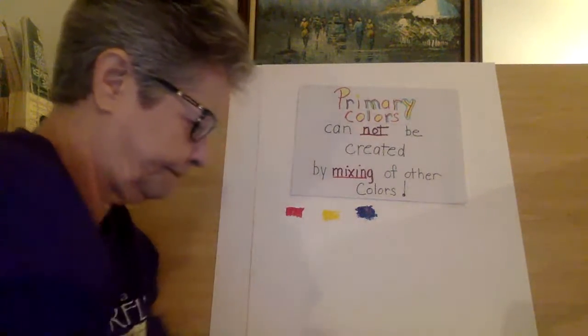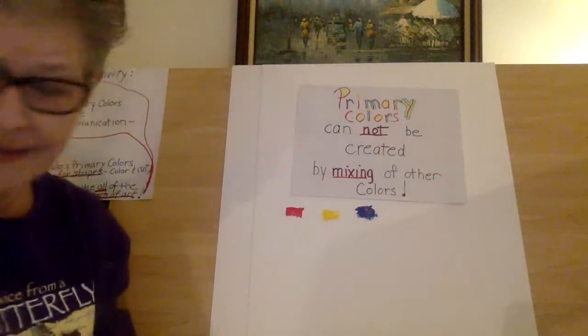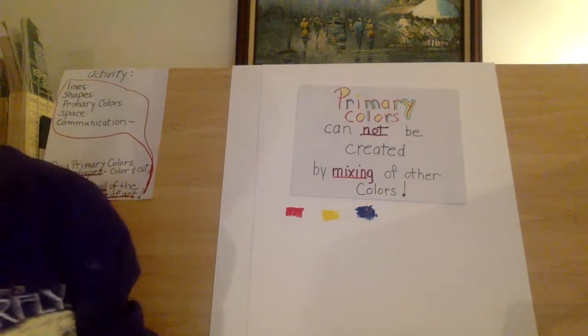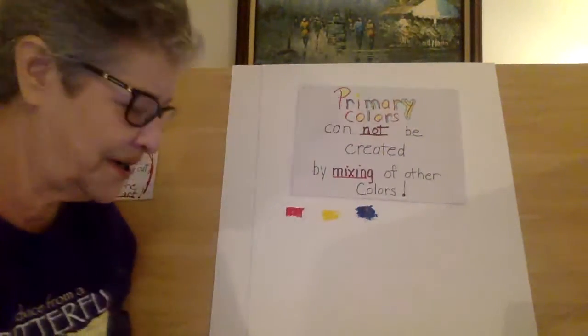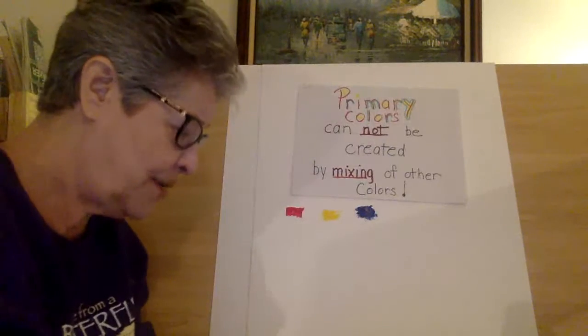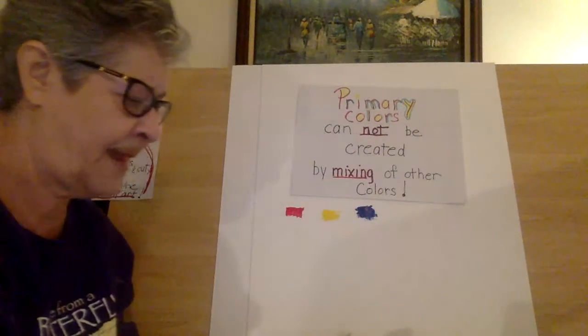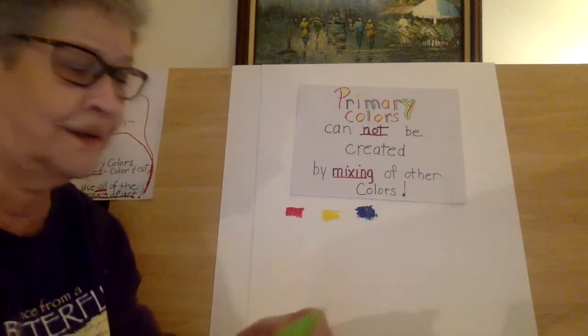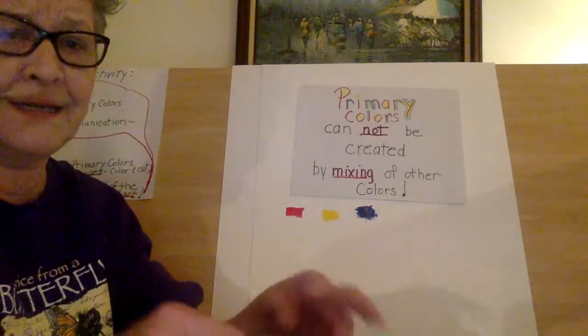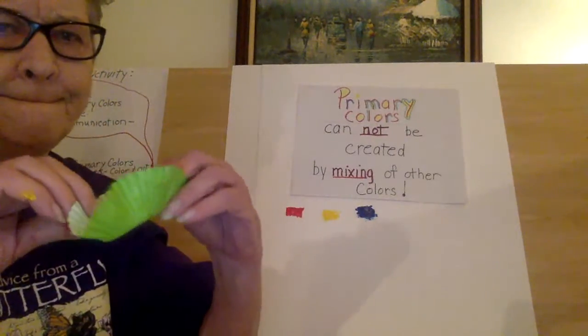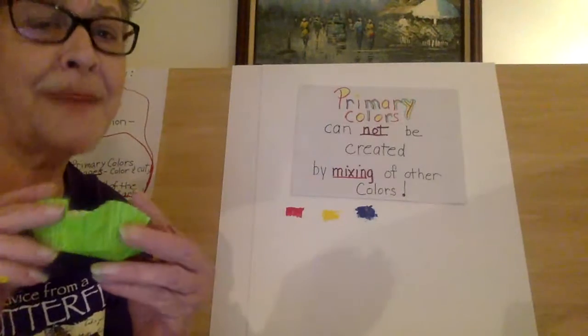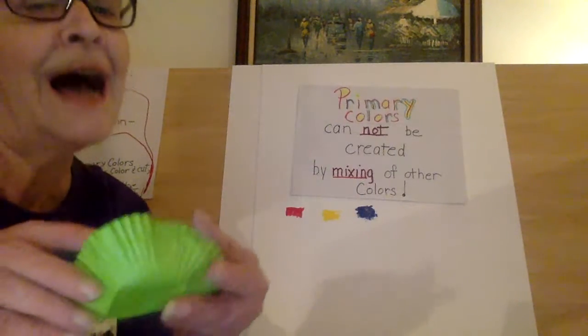Now, I said I would show you some of the tools of art that you can find almost anywhere. What do you think this is? Have you had a cupcake or a muffin lately?